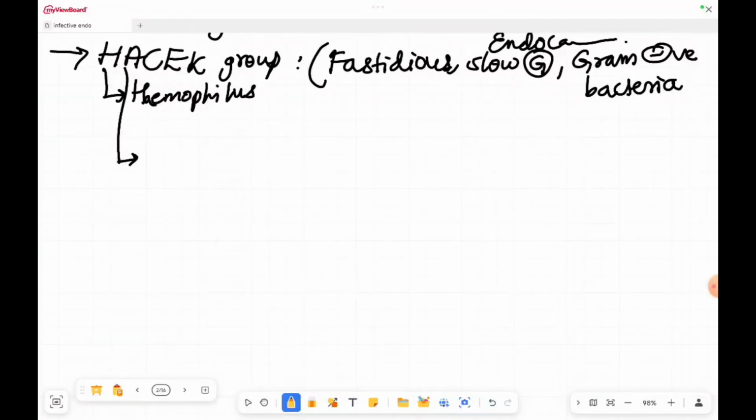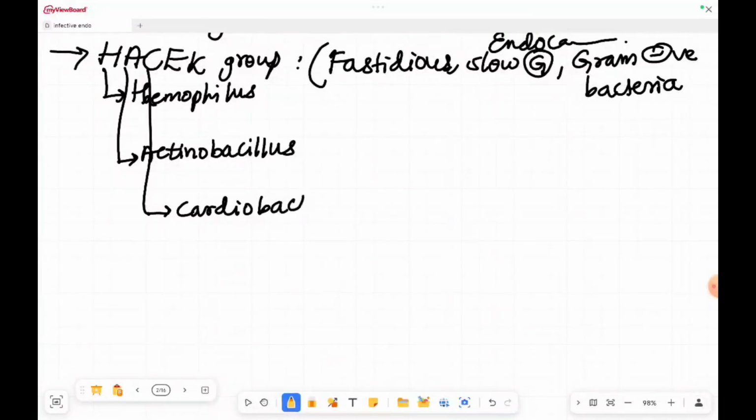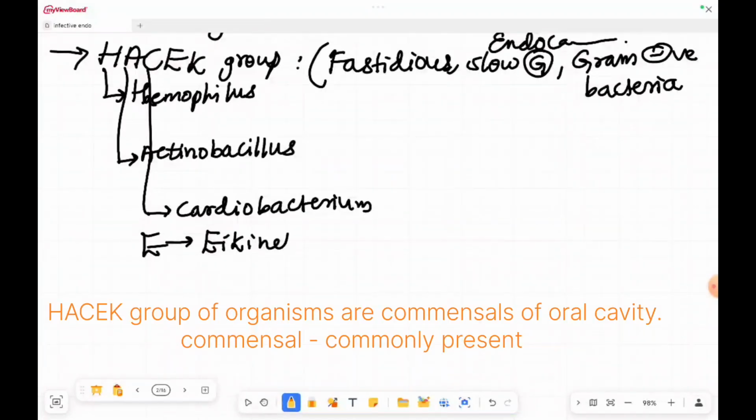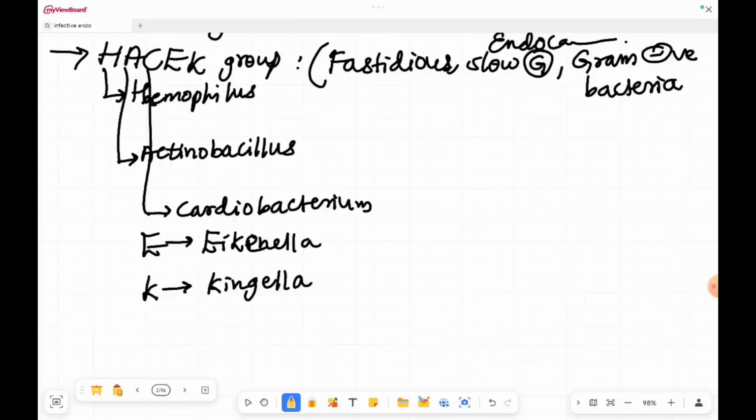A is Actinobacillus. C is Cardiobacterium. E is Eikenella. And lastly K is Kingella. So these HACEK organisms are fastidious, slow growing, gram negative bacteria.